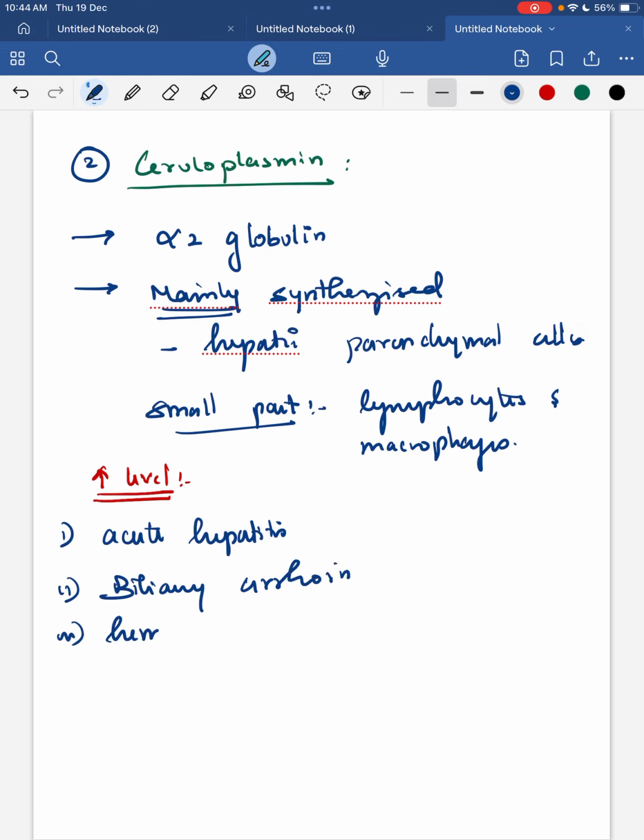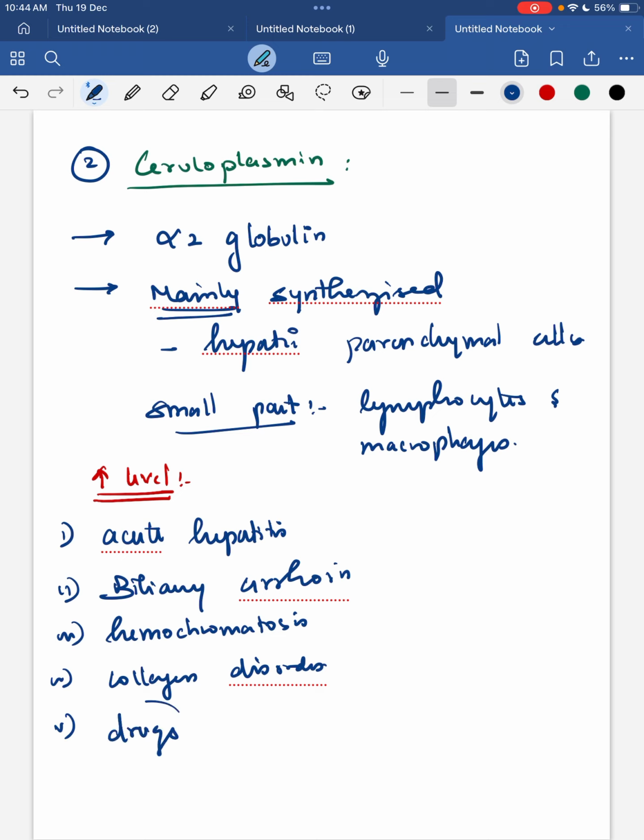Fourth, during your collagen disorders. And the drugs that can increase your ceruloplasmin levels are estrogen and contraceptives. These can increase your ceruloplasmin levels.